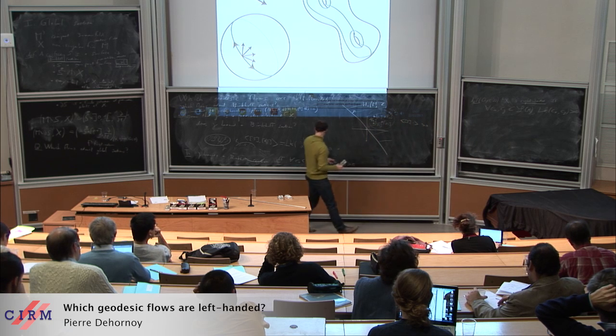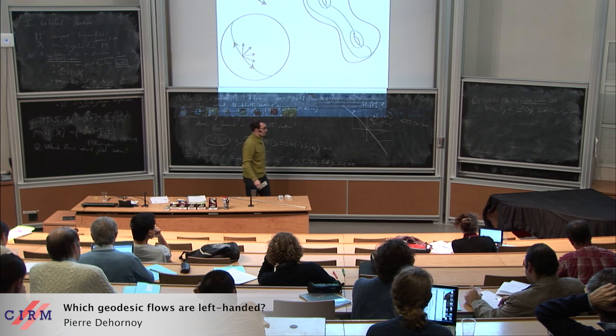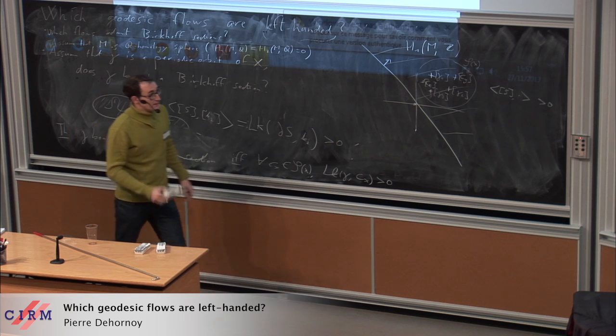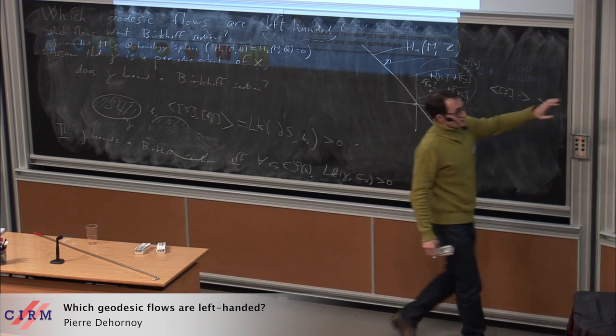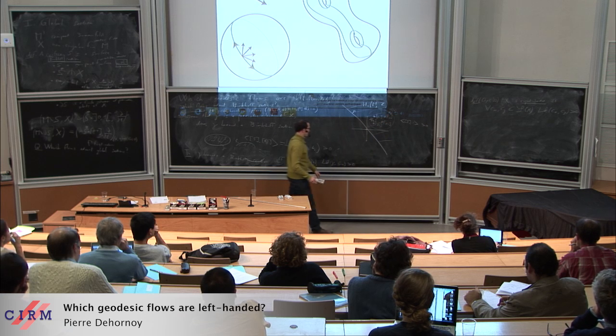We defined linking number for closed orbits, and asymptotic cycles are not necessarily closed orbits, but you can define it at the limit. So we say that the flow is right-handed if and only if for all cycles this linking number is positive.